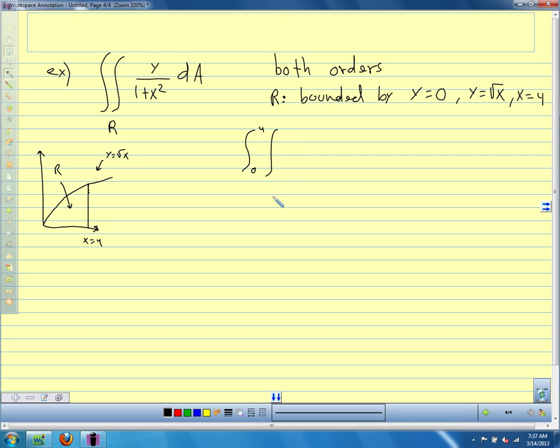And y? 0 to square root of x. So if it helps, you can draw your little rectangle in here. If I'm going this way, y goes from 0 up to my function, 0 to square root of x. And then we have y over 1 plus x squared dy dx. So that's the first order of integration.